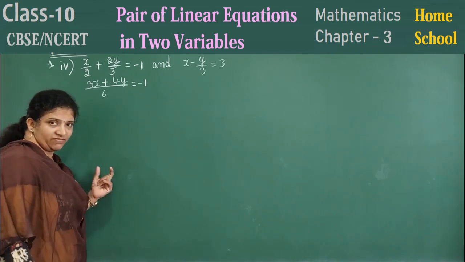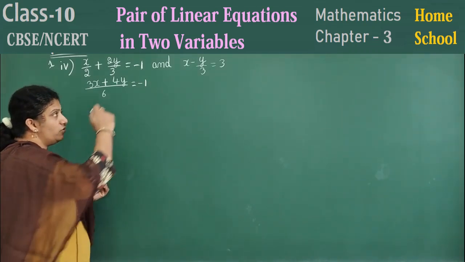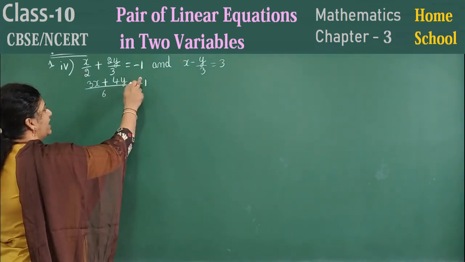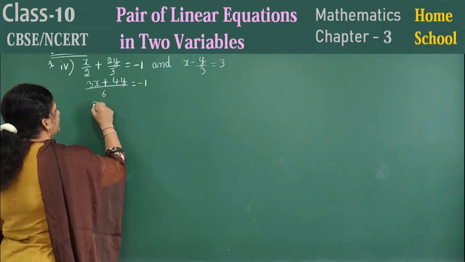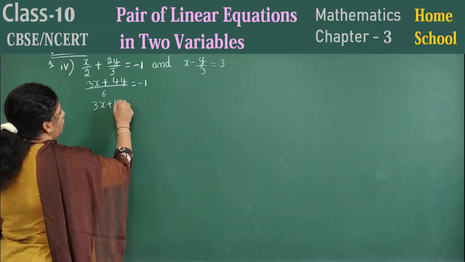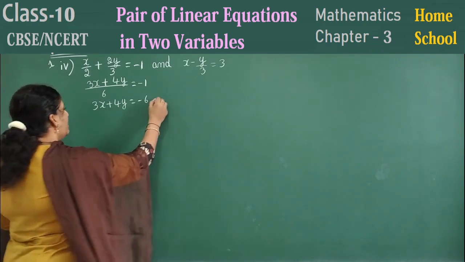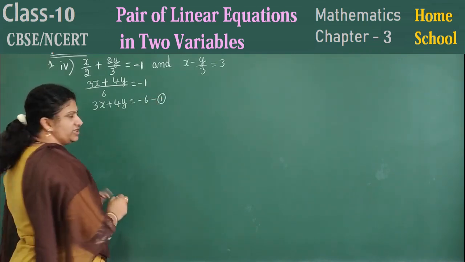I'll simplify the first equation first, then I go with the second equation. Now this denominator 6 goes to the other side and is multiplied. 3x + 4y = -6. Mark this as the first equation.